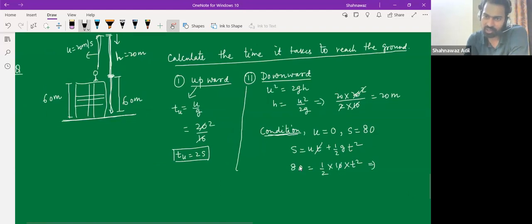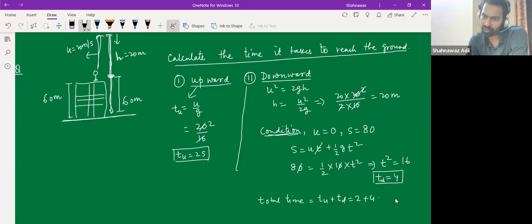So the 10s cancel, and t square is 80 by 20, so t is 4 seconds. So t downwards is 4 seconds, t upward is 2 seconds. So total time would be t upward plus t down, 2 plus 4, which is 6 seconds.